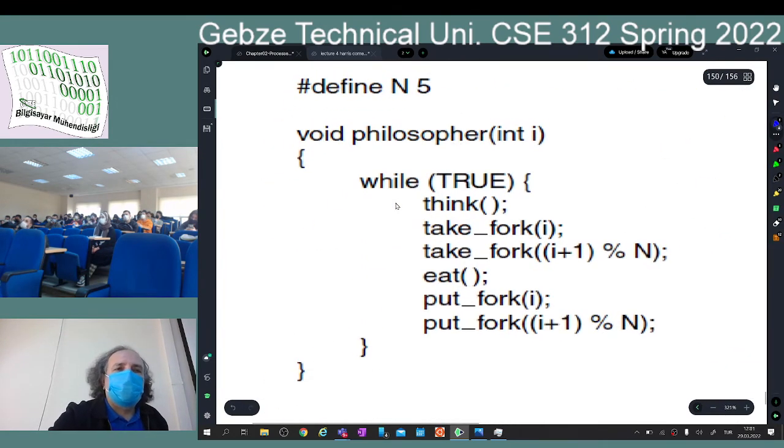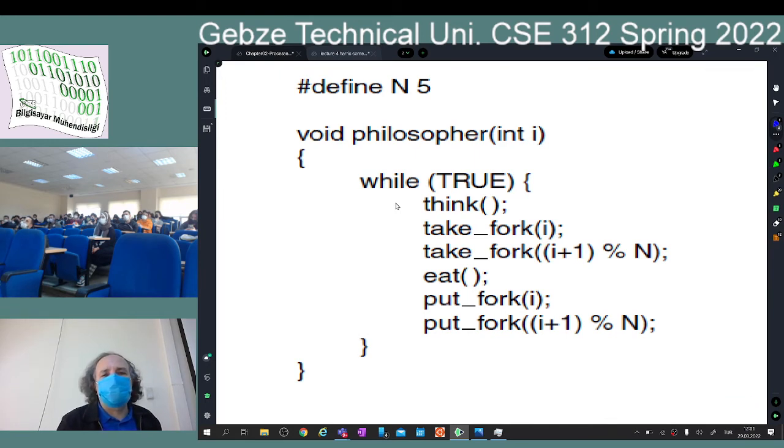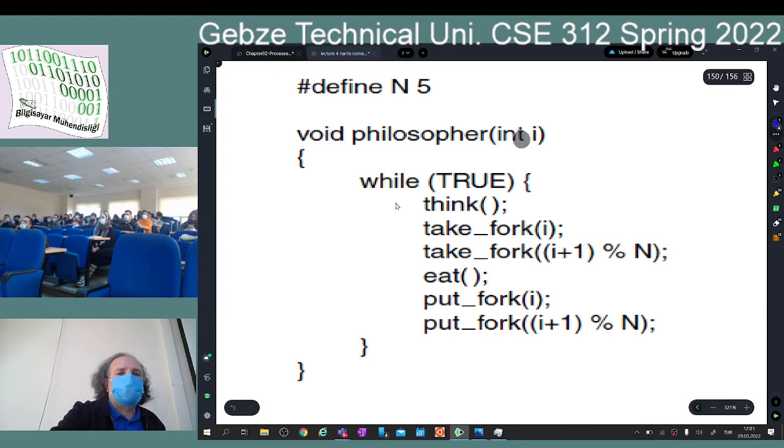I have 5 philosophers, and each one is running this function. Of course, I call this function for each process, with the number 0, 1, 2, 3, 4. Process number 0, process number 1, process number 2, and so on. So process number 0, in an infinite loop, thinks.